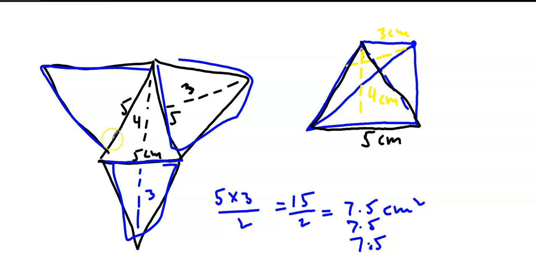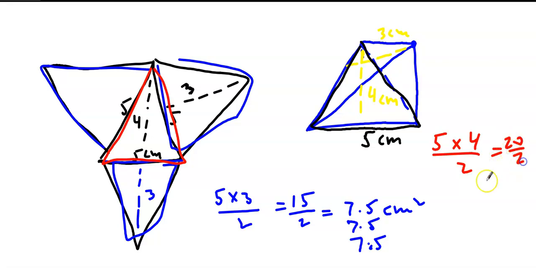Now we have to find the one that was on the bottom all the way down here. So this was 5 times 4, but remember it's a triangle again, so divide that answer by 2. 5 times 4 was 20. You divide it by 2, you get 10 square centimeters. So here was the base, it's 10.